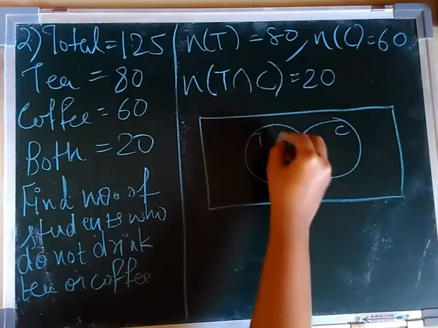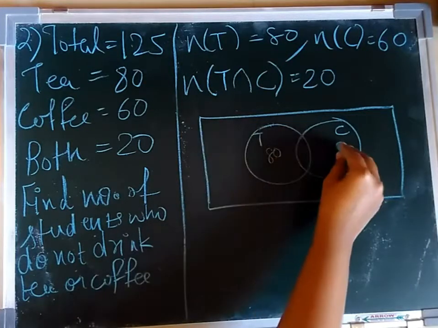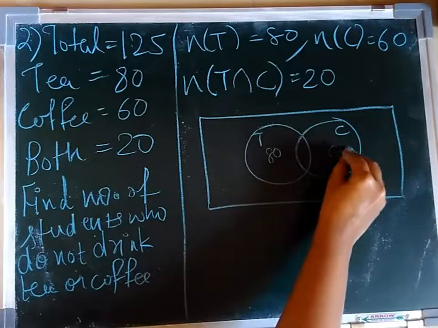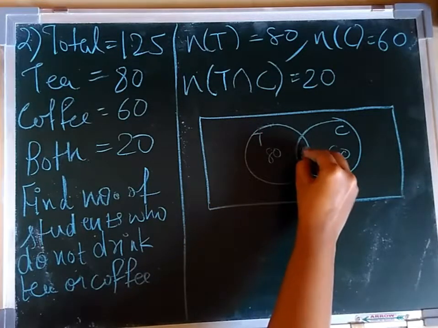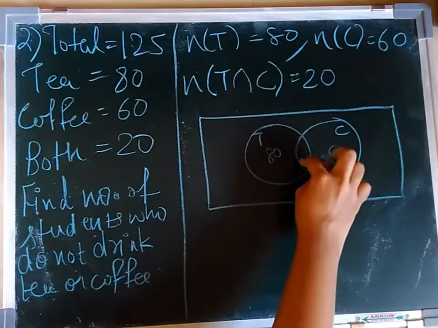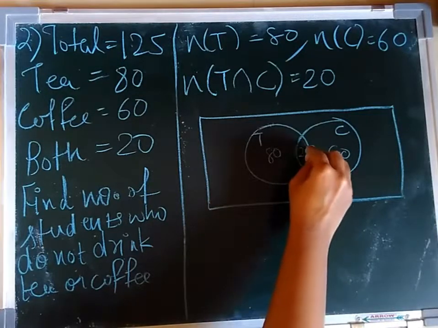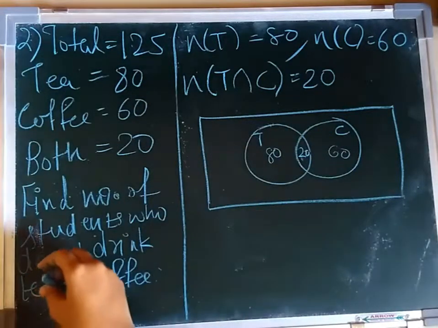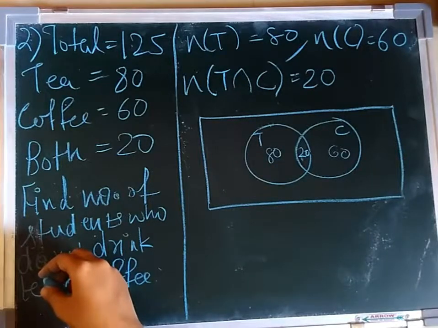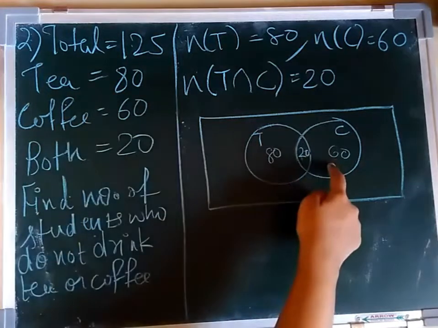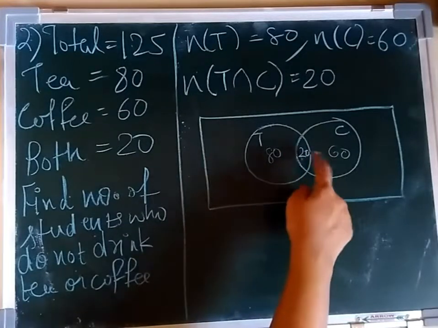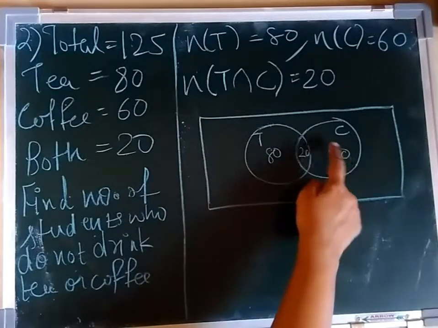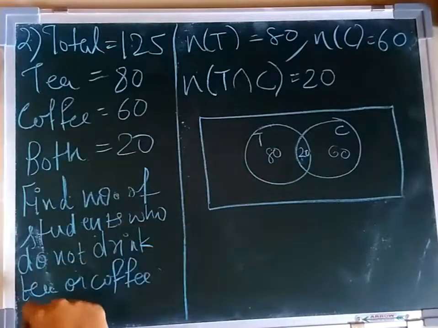So now this whole circle contains 80 students, this whole C contains 60 students, and out of which 20 are in the intersection. Now this 60 has 20 in it. Okay, it is not 60 plus 20. The 60 includes this 20 within it.